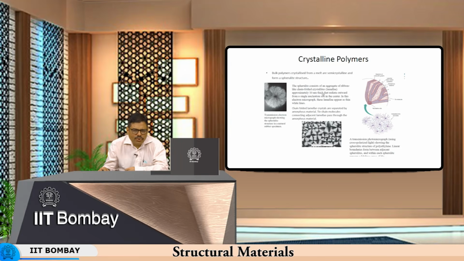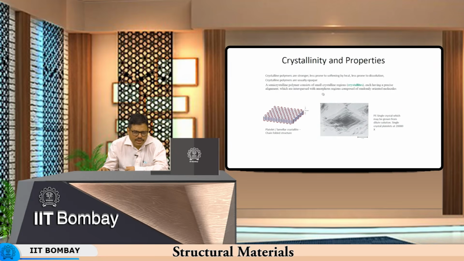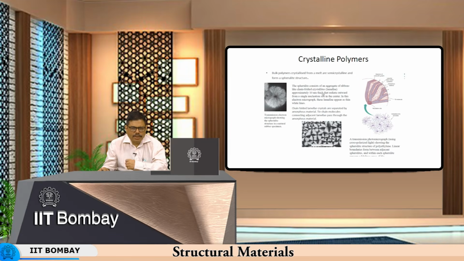So, chain folded lamellar crystals are separated by amorphous material. If you take this previous case, this is separated by amorphous material. Similarly, here also you have amorphous material in between the orderly arrangement of atoms, meaning the lamellar structure chain.